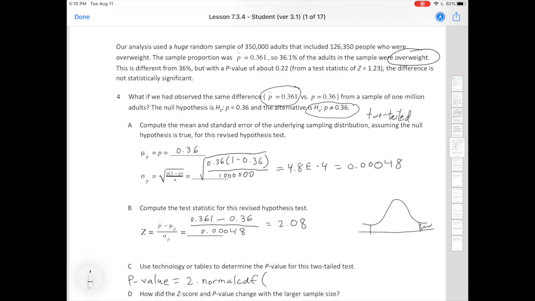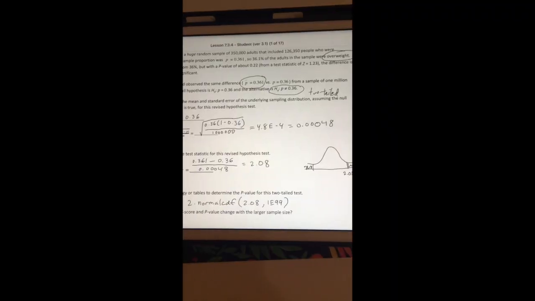That means I've got stuff over there and I've got stuff over here. This is why I'm going to double it. So it's going to be 2.08 as the lower limit, and then 1E99 as the upper limit. Let me cut to the calculator so that I can figure out what that area is.